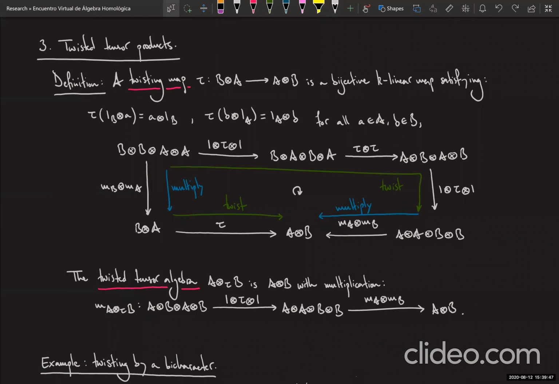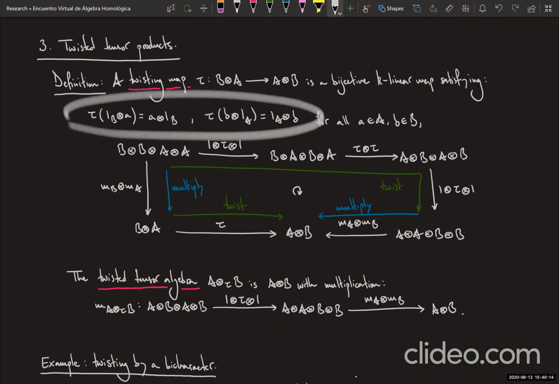The case that we are interested in is the twisted tensor product, and these constructions come from a twisting map. So a twisting map is a map from the tensor product of B with A over the base field to A tensor B, and it's a bijective k-linear map satisfying a few conditions. One of them is that when we twist past the unit, it does nothing.